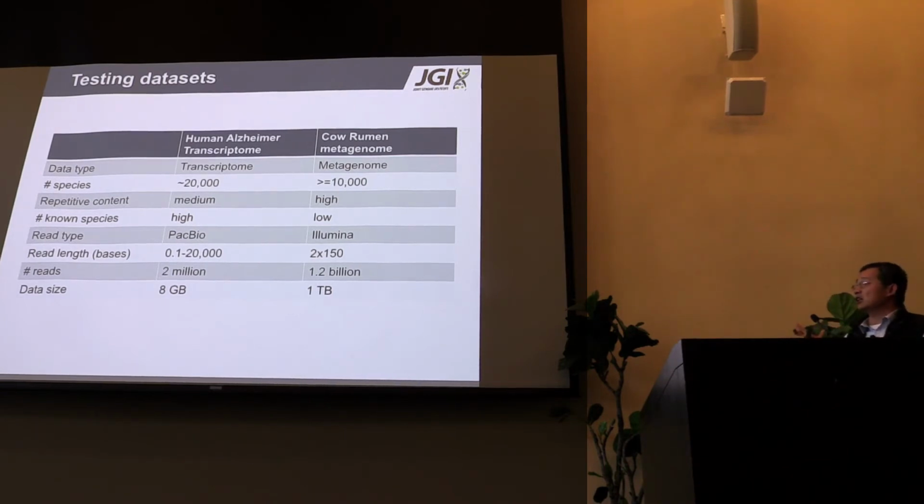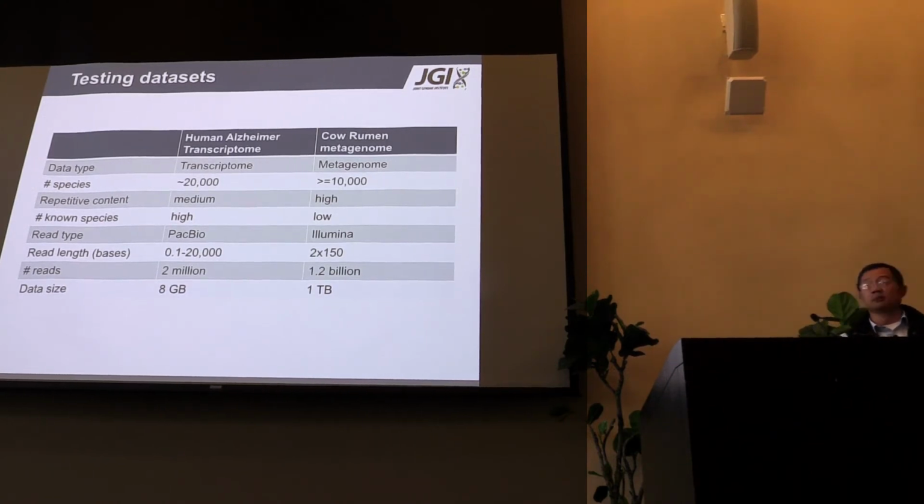And this is not a good data set to validate whether the algorithm will work or not, because we don't know the answer. So that's why we use a human transcriptome data set. This is not a real metagenome data set, but in every way, it simulates the complexity of the problem. In this data set, there are about 20,000 species. The repetitive content is medium, and we know pretty much almost all the species out there.